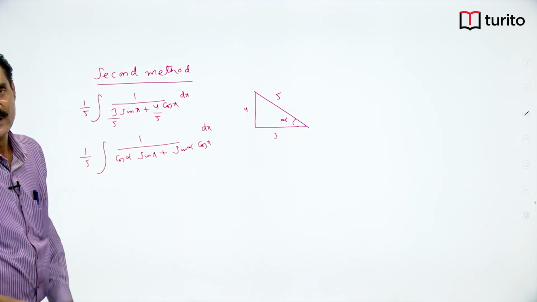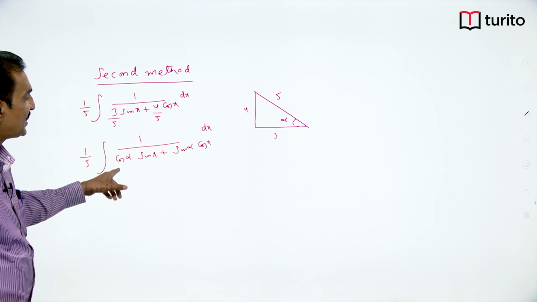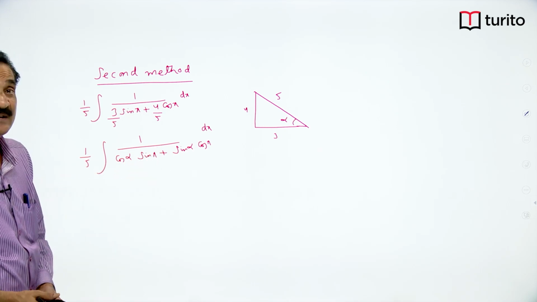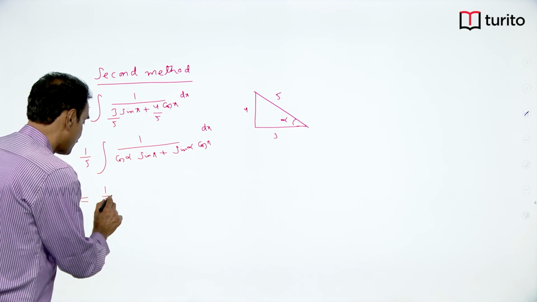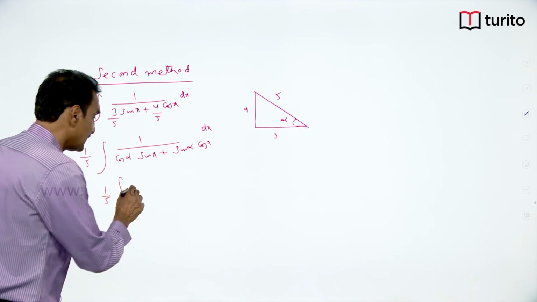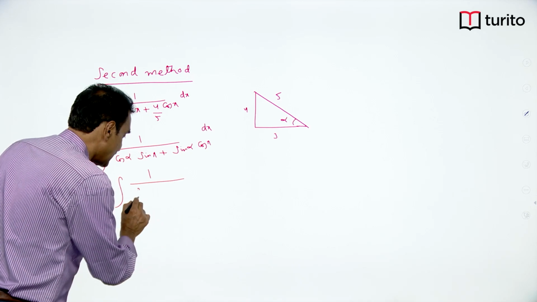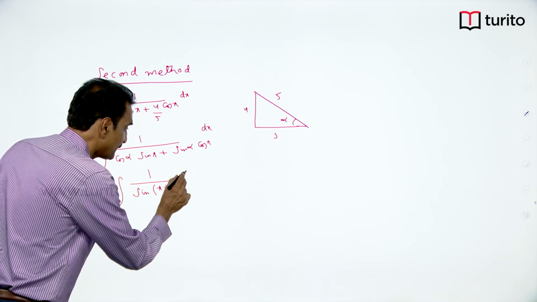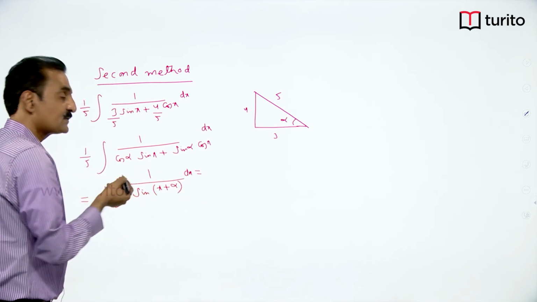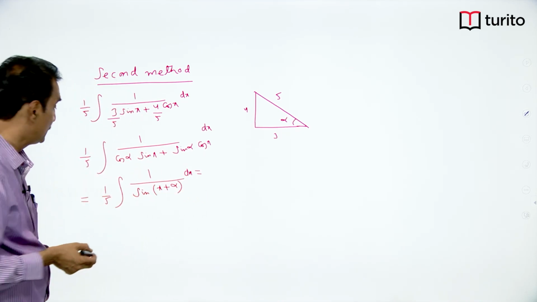Alpha is some constant angle. What is sin x cos alpha plus cos x sin alpha? Sin x plus alpha. 1 by 5 integral 1 by sin x plus alpha, which is cosecant x plus alpha.